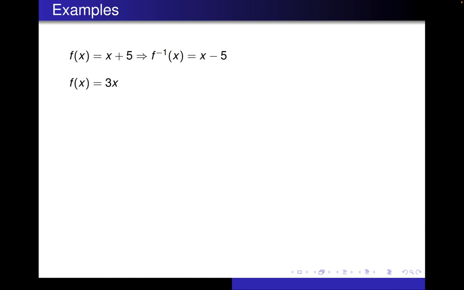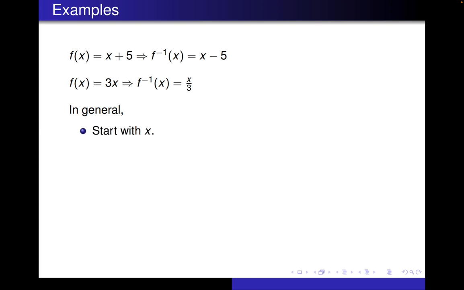If you want to think of what f of x equals 3x is, that's taking your input and multiplying by 3. That gets canceled out by the action of dividing by 3. And so if you take your input and divide by 3, you get f inverse of x equals x over 3. So these are the function versions of the actions that we were thinking about in the last slide.